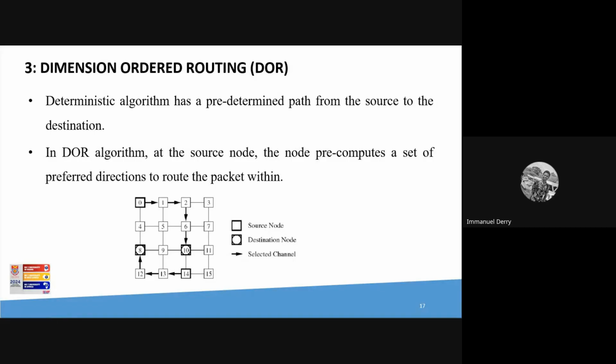As I explained earlier, from 0, you move to node 1, then 2, then 4, 10, 14, 13, 12, and then 8. So this is the pre-computed set of preferred directions where the packet should move from the source to the destination.